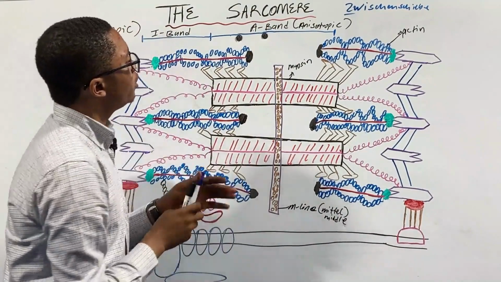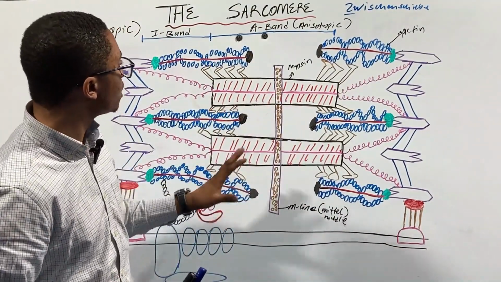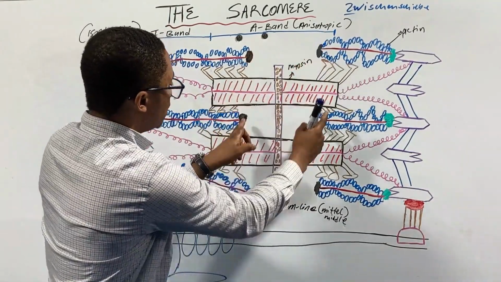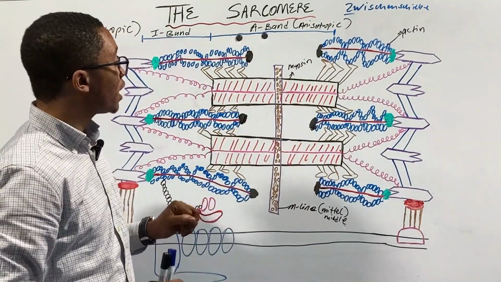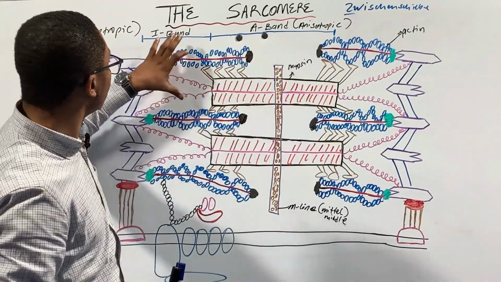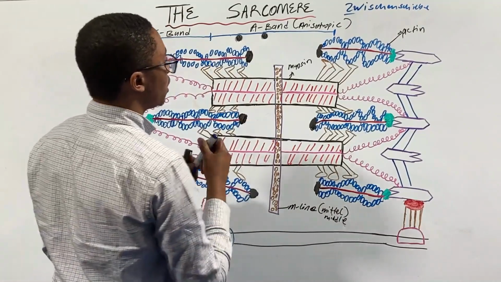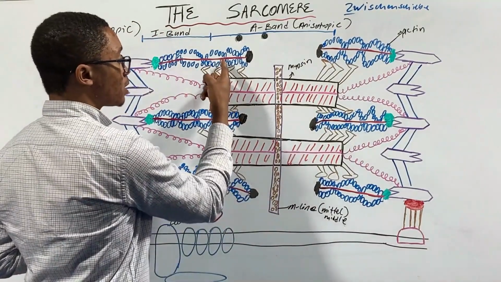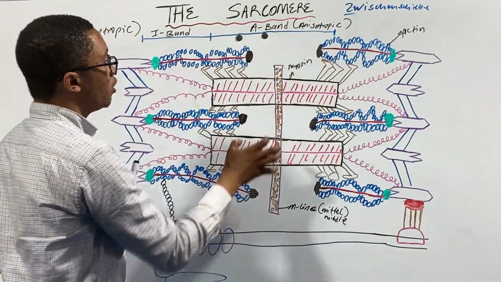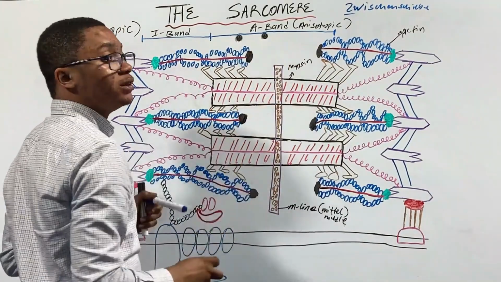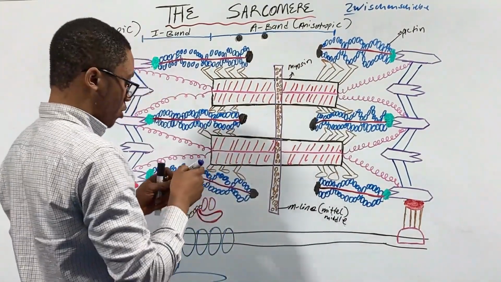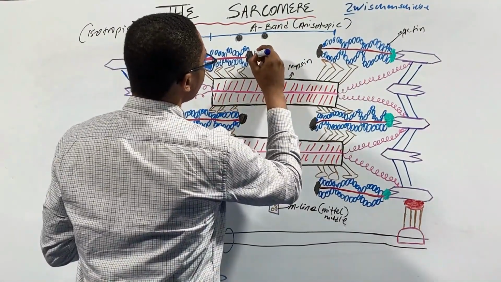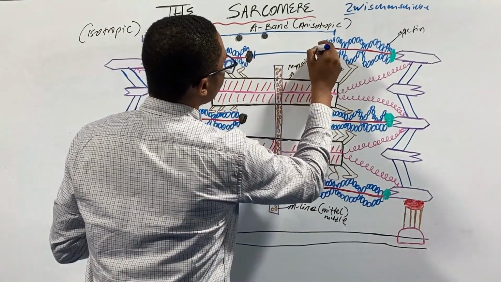Now, looking closely into this structure, there are some areas where we don't have the actin. This is the middle part here. There is no actin in this area, so this area is lighter than the other areas. This area, from here down to this part, where the actin is not found, we call the bare zone or H zone.